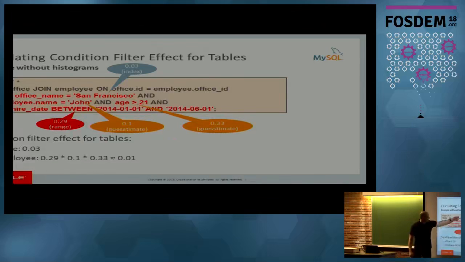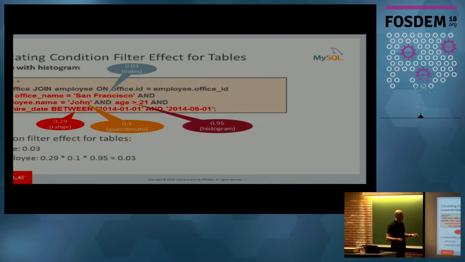You have the range estimate for this column here if you have an index, and then for this equality you can use another kind of statistics, and then you have these guesstimates if you don't have histograms. Then you compute the total here: if we assume that these conditions are not correlated, you compute the selectivity by multiplying the different ones.